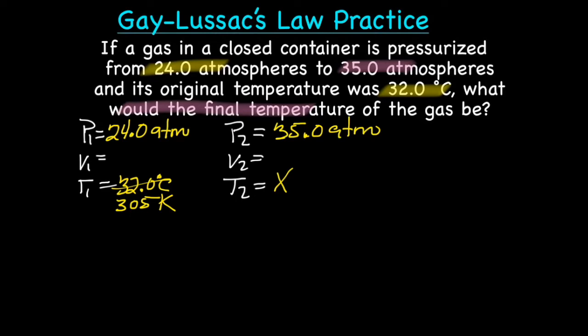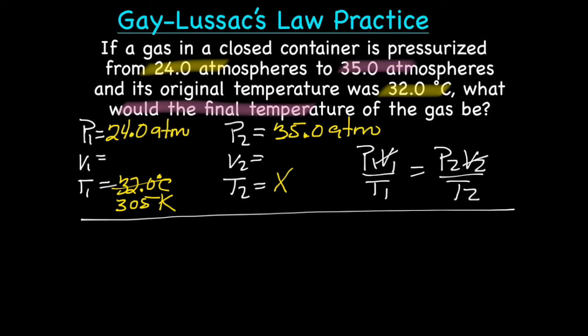Now we need to plug stuff into the formula P1 V1 over T1 equals P2 V2 over T2. This time we get to ignore the volumes. So let's plug stuff in. Our P1 is 24 atm divided by 305 Kelvin.